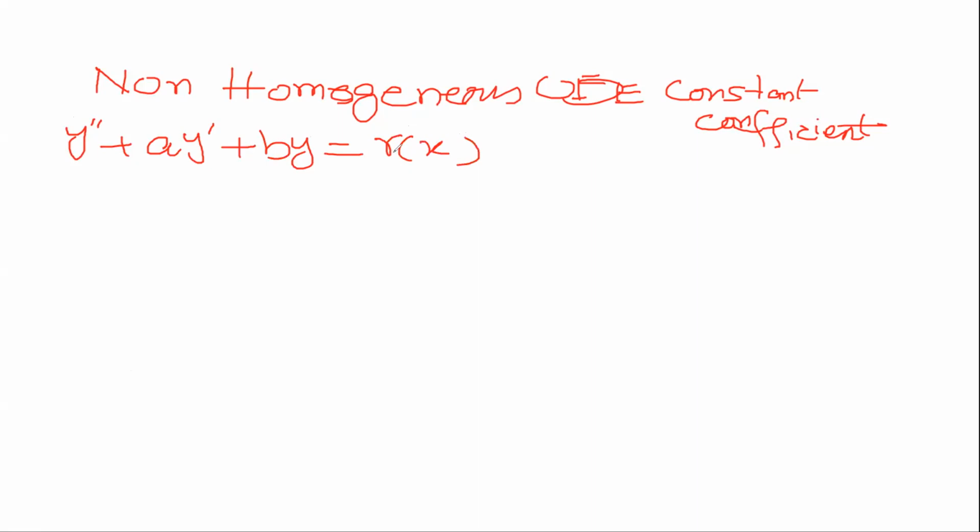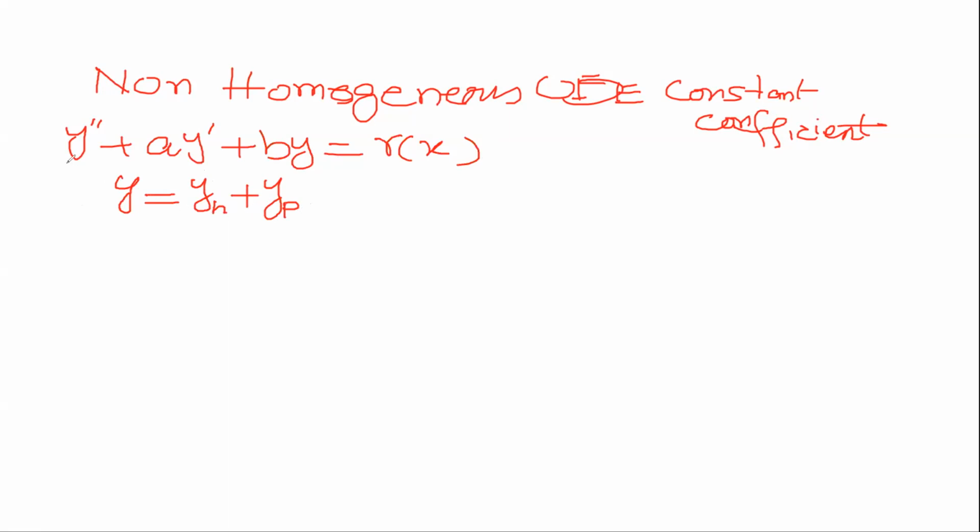In this case, the solution of this equation will depend on the homogeneous part plus the non-homogeneous part. So we can say that the total general solution will be equal to the homogeneous case solution plus the solution related to this non-homogeneous part. We call it a particular solution, p for particular. So this will be the total solution.